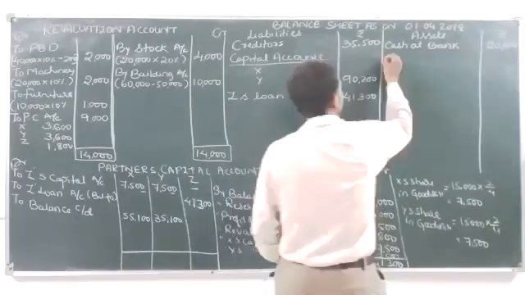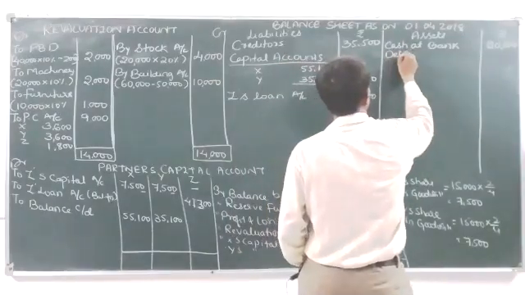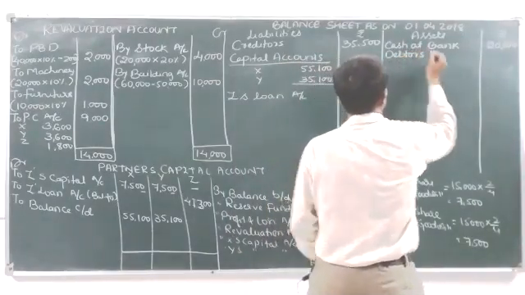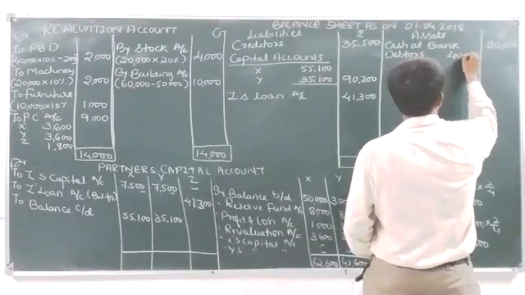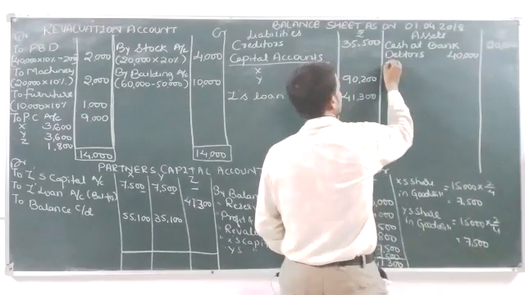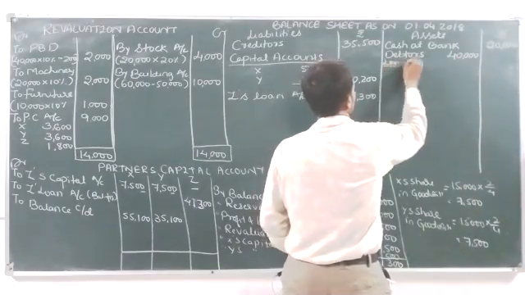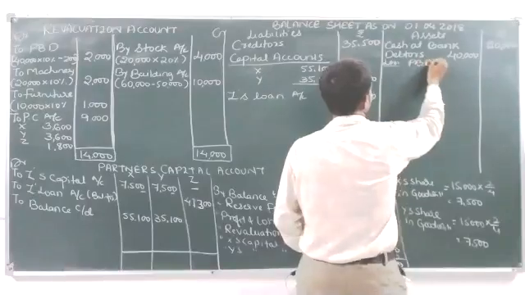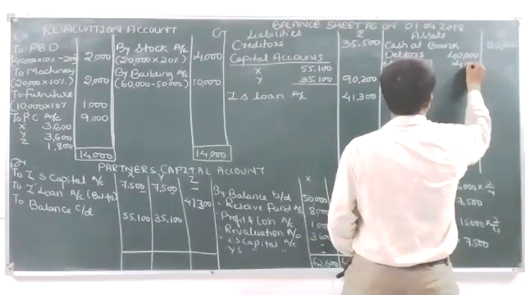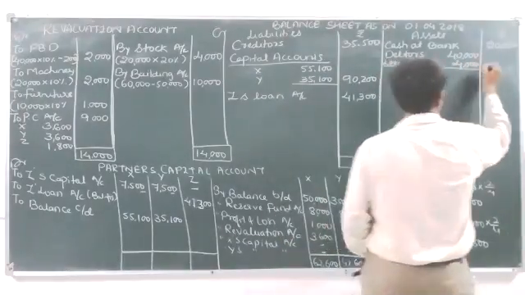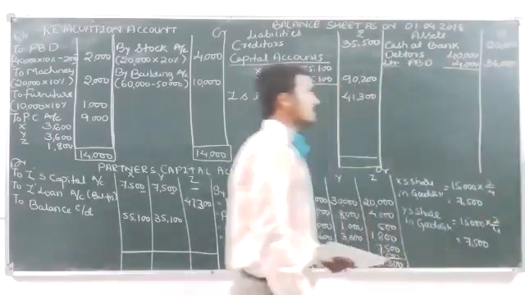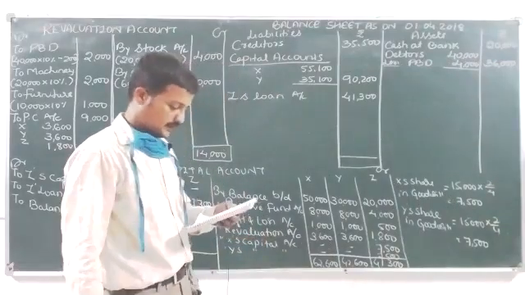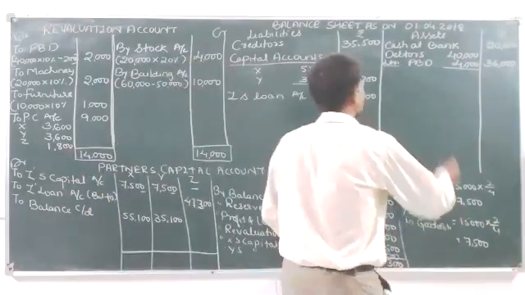Next is debtors. Inner column 40,000 less provision for bad debts. We have made it as 10%, so it will be 4,000. Outer column will be 36,000. Next is stock.